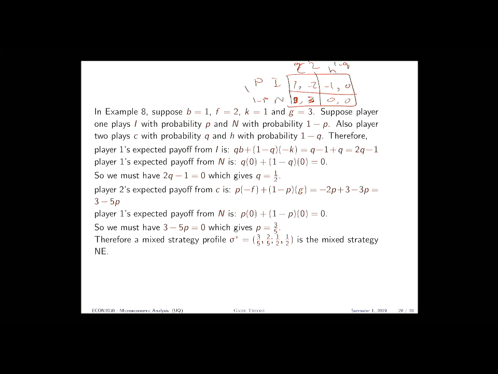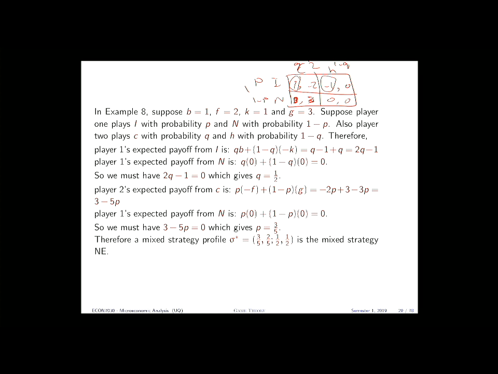So if player 1 plays I, she knows that with probability Q she gets this, which is 1. And with probability 1 minus Q, she gets this, which is minus 1. Okay? So, as we just said, to find the payoff of player 1, we need to find the expected payoff.